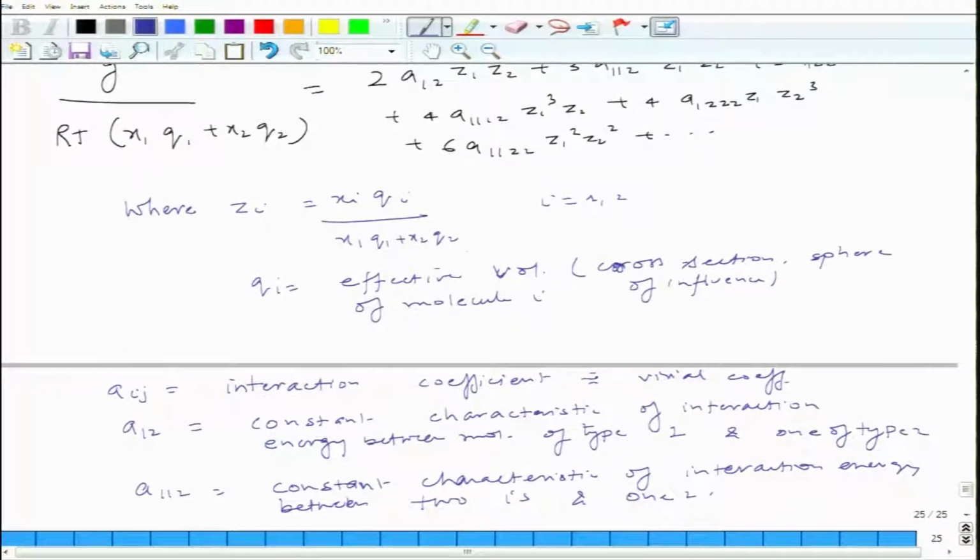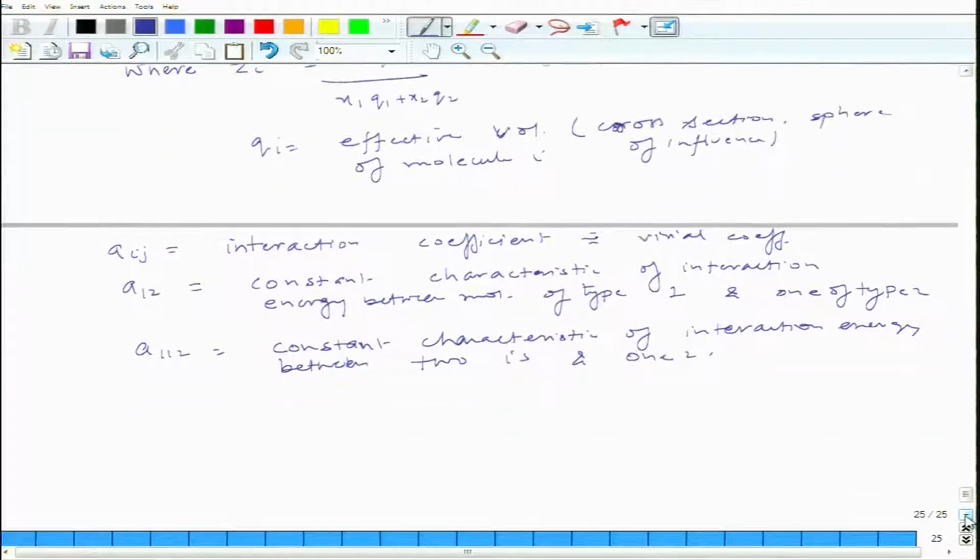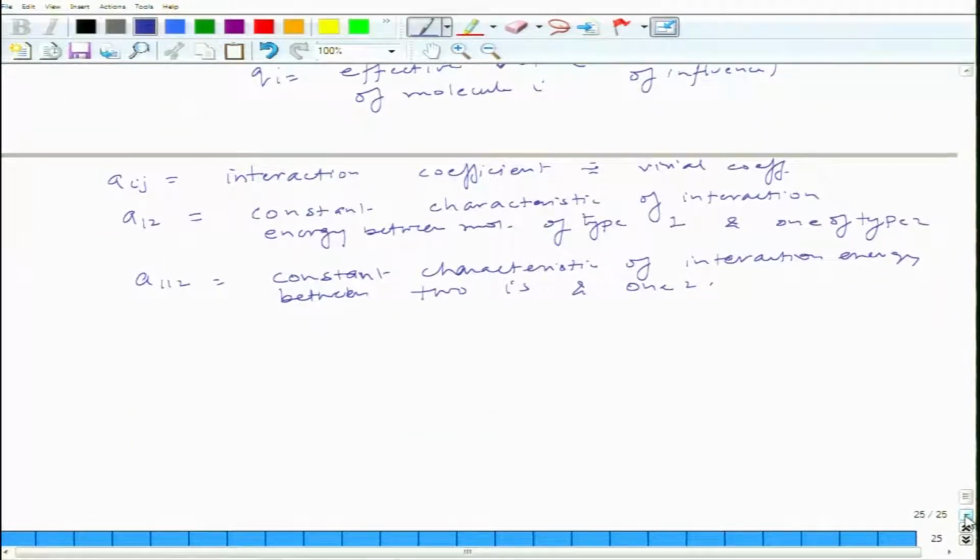So the prefix of this 2 comes from these combinatorial factors. For example, if you look at it here, A12 multiplied by Z1 Z2, the effective volume fractions, plus A21 Z2 Z1, this is considered to be the same, and that's why you have A12 Z1 Z2.